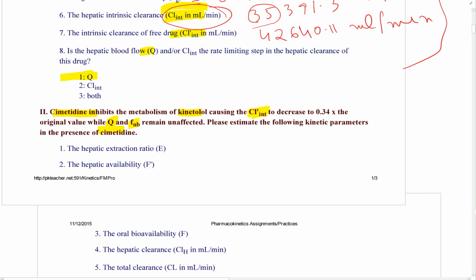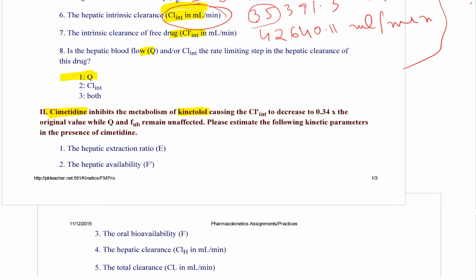So in other words, this question is asking you to calculate the kinetic parameters of this drug, which we have been calling kinetonol, in the presence of cimetidine.